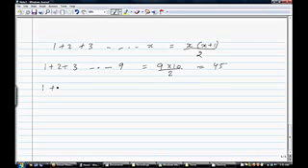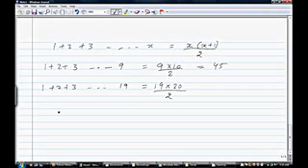Similarly, 1 plus 2 plus 3 up to 19. So all I have to do is 19 into 20 divided by 2. Now suppose the number doesn't start from 1 but it starts from something else.